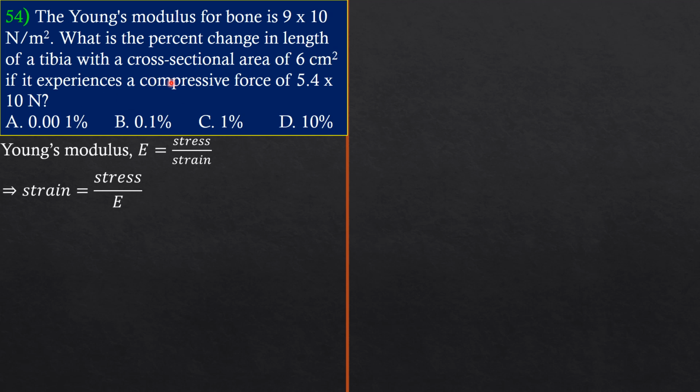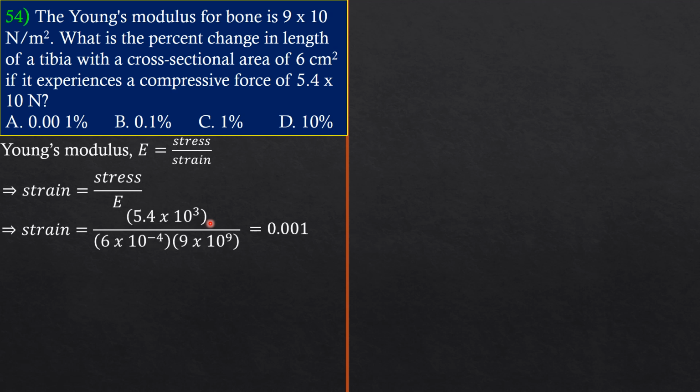So if we plug in everything, we are going to have our strain to be 5.4 times 10 raised to the power 3 over 6 times 10 raised to the power negative 4 into 9 times 10 raised to the power 9. Keep in mind that we have to convert the area from centimeters squared to meters squared. So simplifying, guys, gives us our answer to be 0.01.